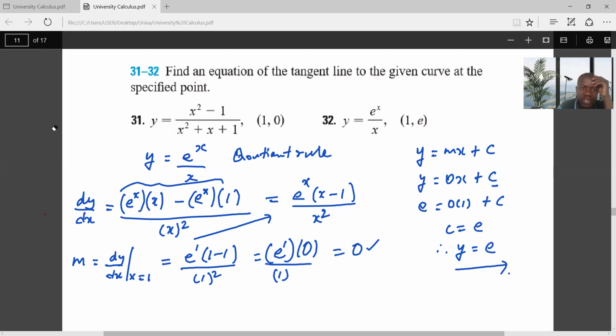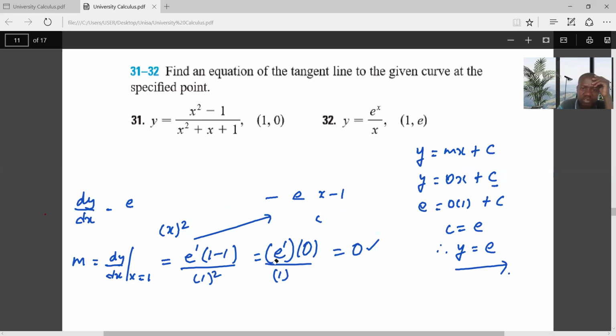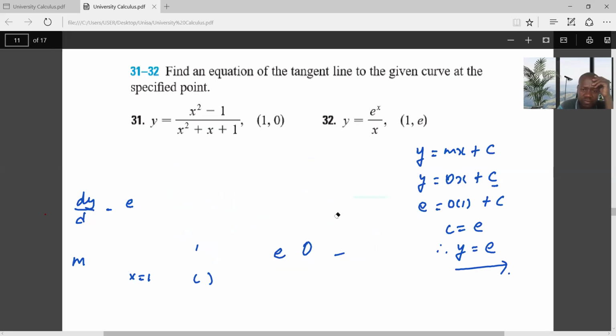And like what we have done here, for example, in 32, if we do not want to use quotient rule, we can even use product rule if you wanted to.